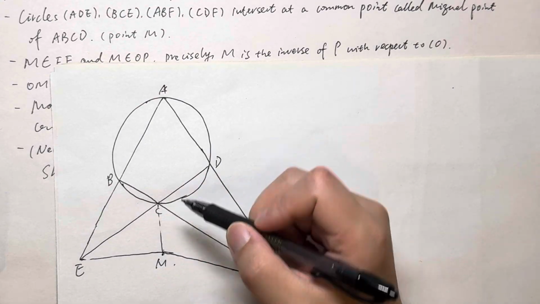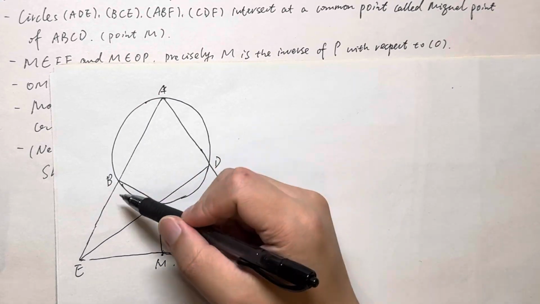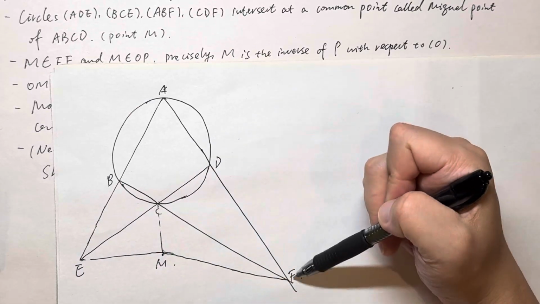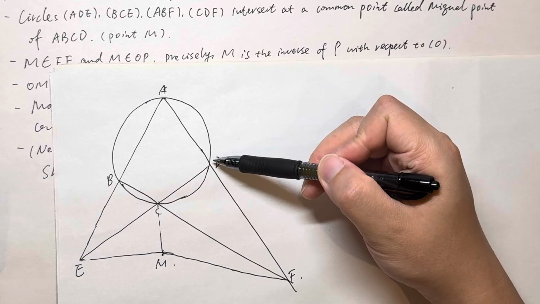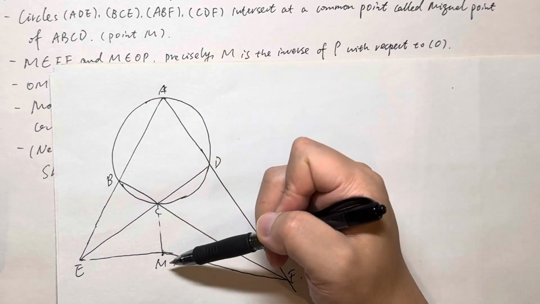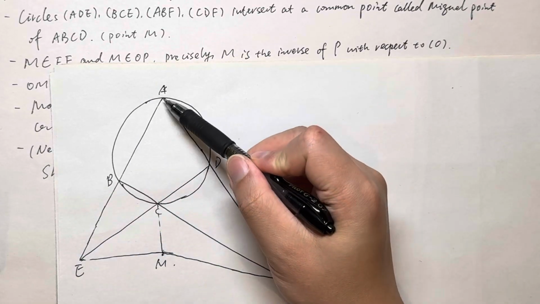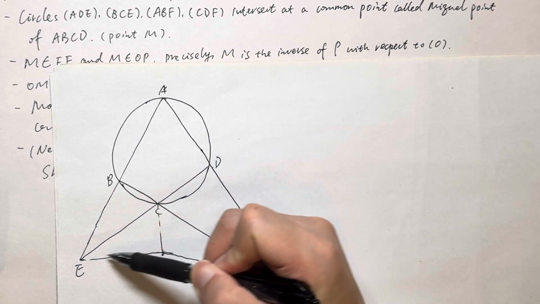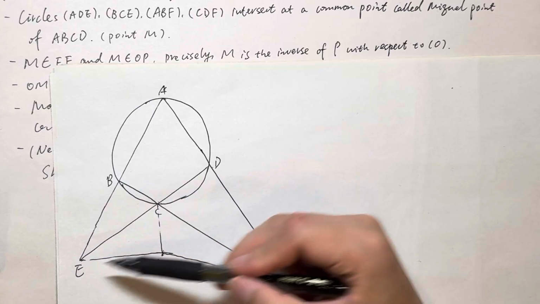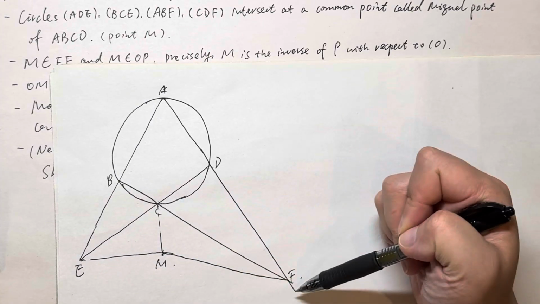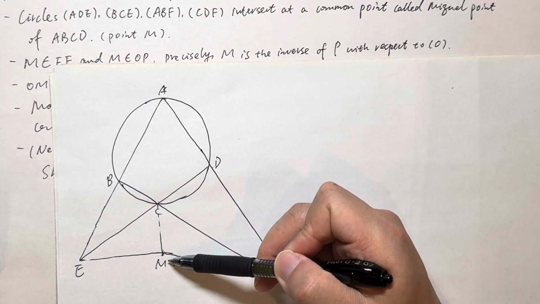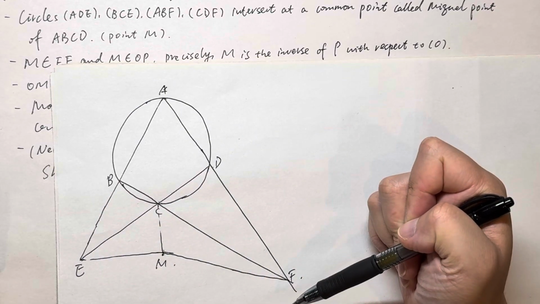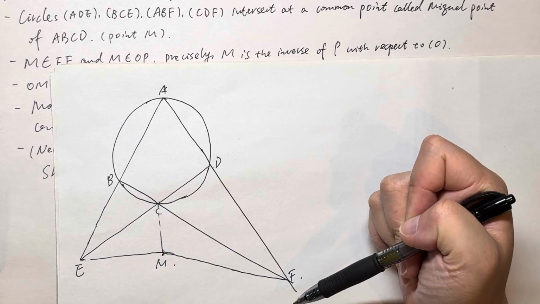Now we know that these 4 points are cyclic and these 4 points are cyclic, right? So we want to prove that M is also on the circle AED, which means that based on BEMC being cyclic and FDCM being cyclic, we want to prove that AEMD are cyclic, right?